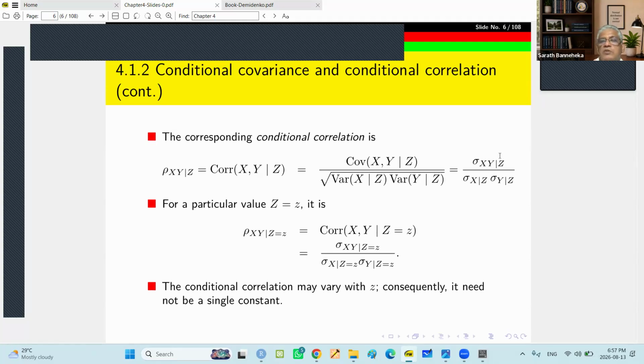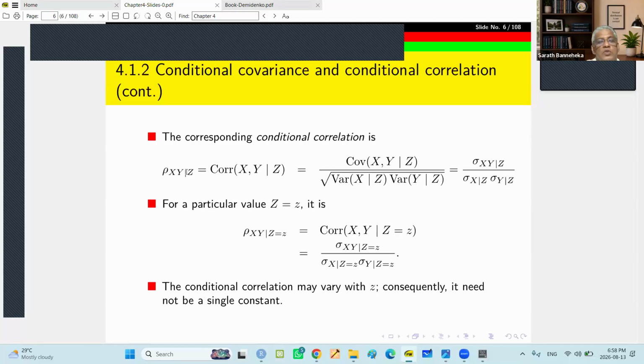In other words, that is equal to sigma xy given z divided by sigma x given z times sigma y given z. And that conditional correlation between x and y given z is denoted by rho xy, vertical stroke z, to indicate the given.